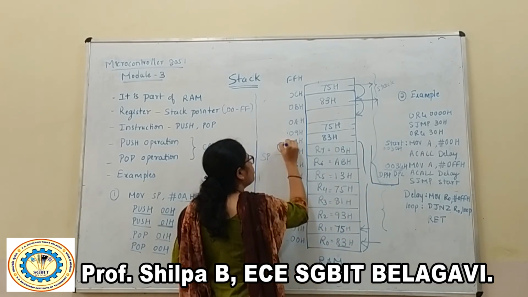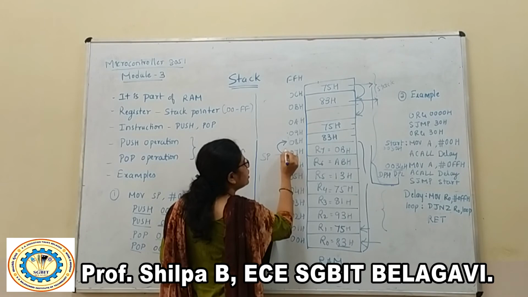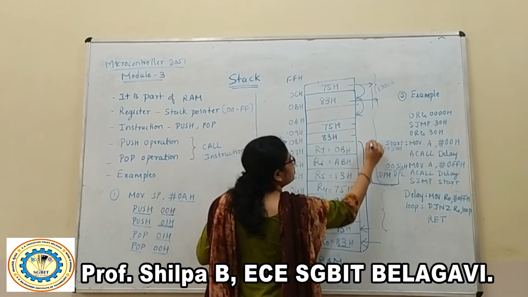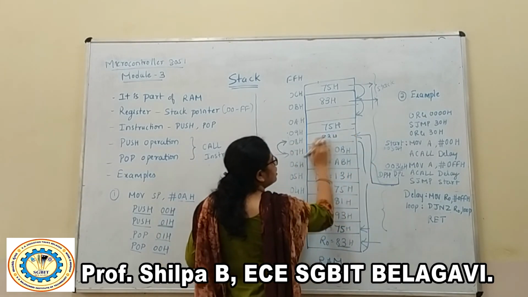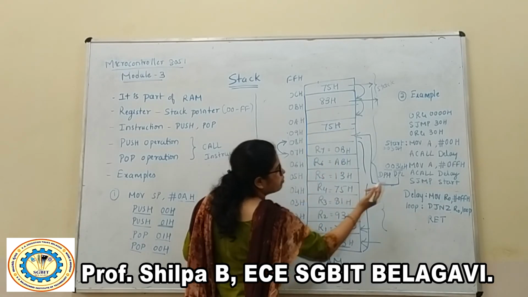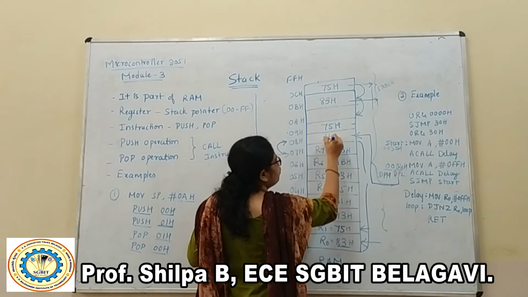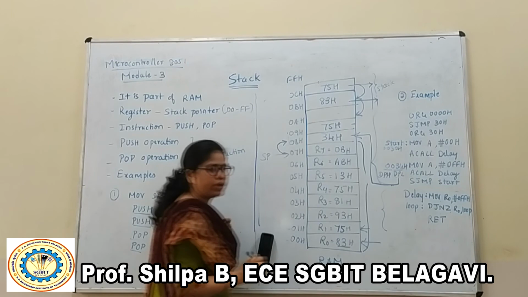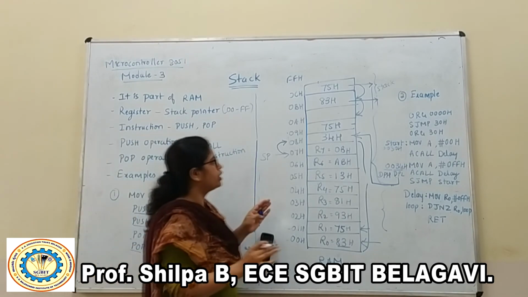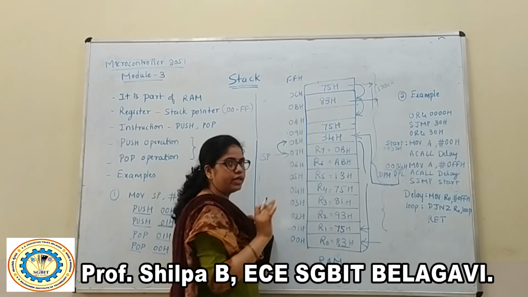Before storing it, it increments by one position and stores in this particular location. So your number will be stored as 34h. Your DPL is stored in the stack initially.